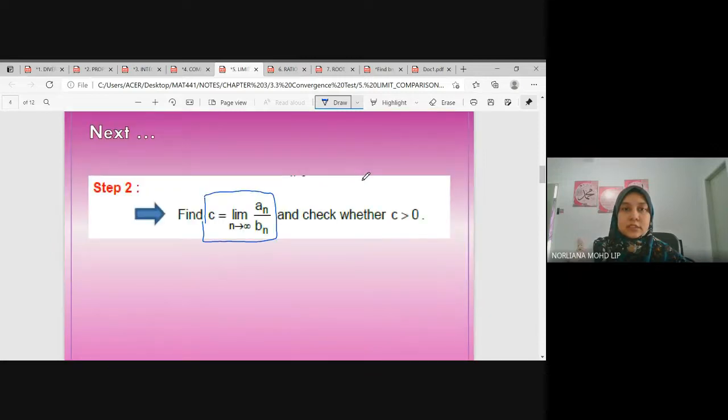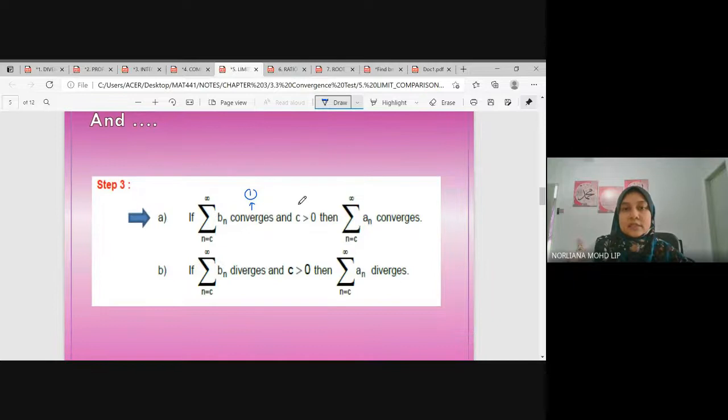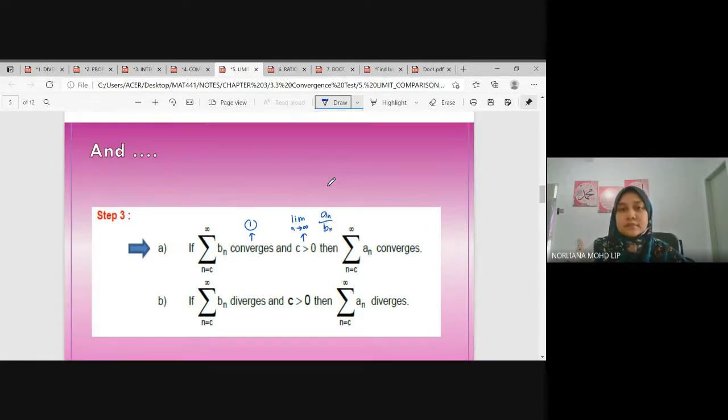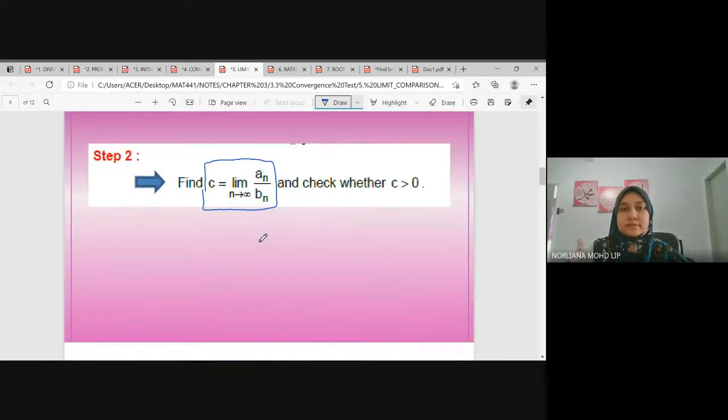Okay, yang kedua tadi c kena cari limit lah. C is greater than 0 ni untuk step 2. Limit an over bn. Yang ni. Limit an over bn.